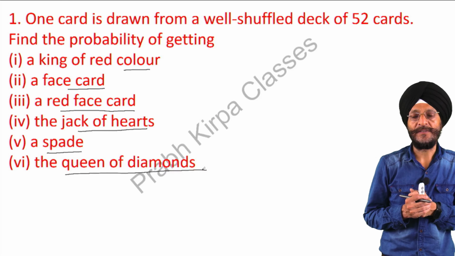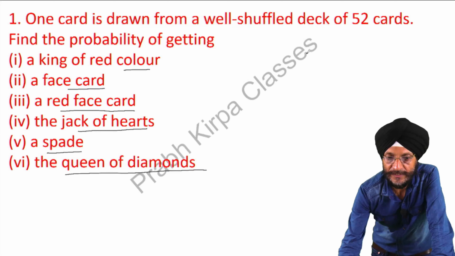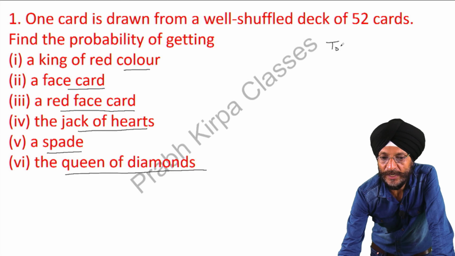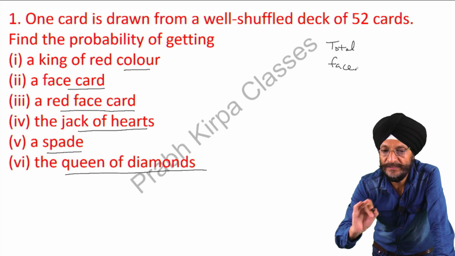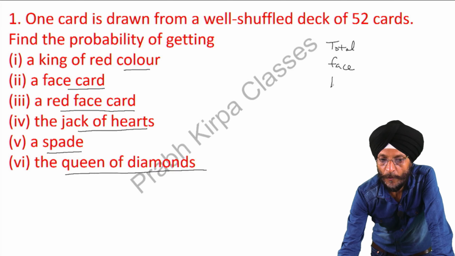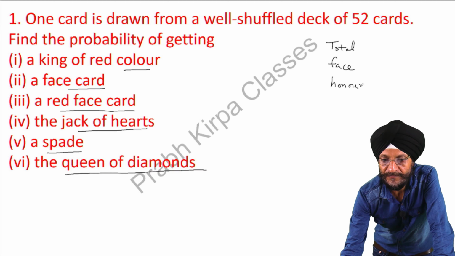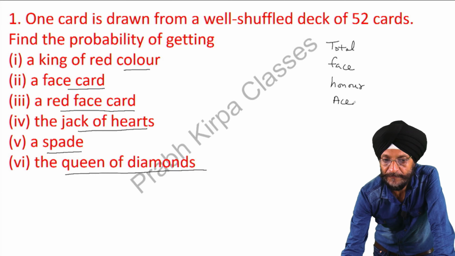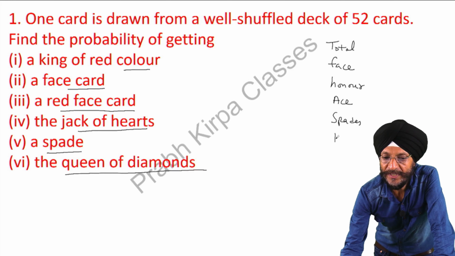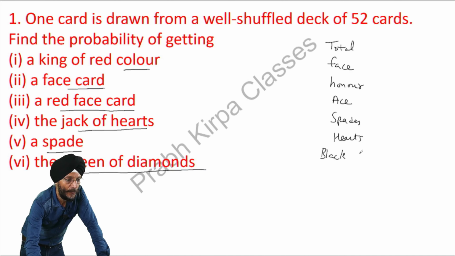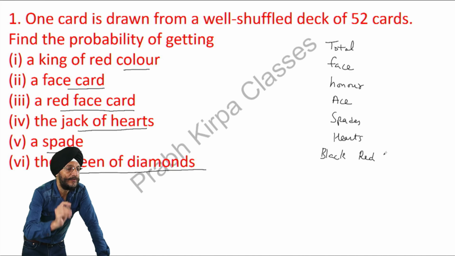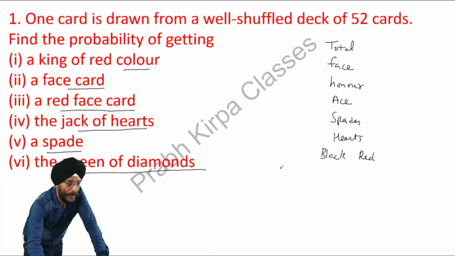Before proceeding further, we must have the knowledge of how many total number of cards there are, how many face cards are in the playing cards, how many ace cards are there, how many spades are there, how many hearts are there, how many cards are of black color, how many cards are of red color, how many diamonds are there.